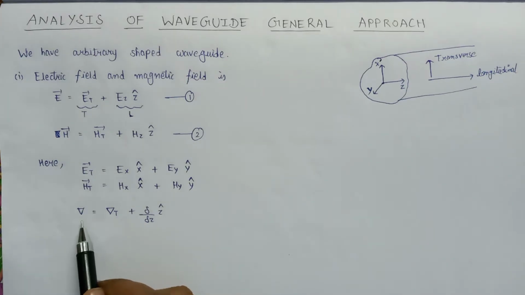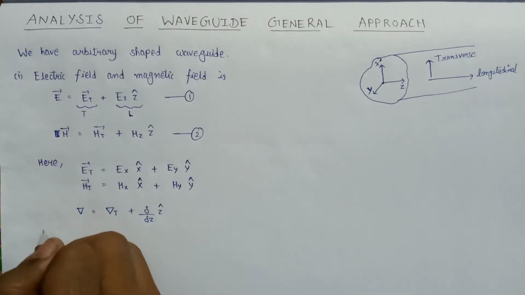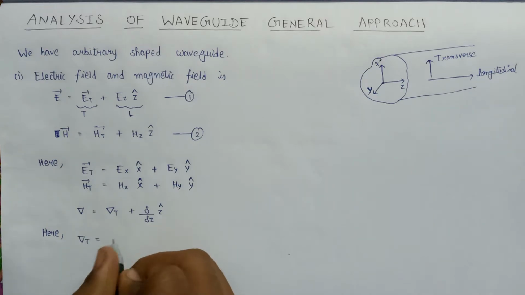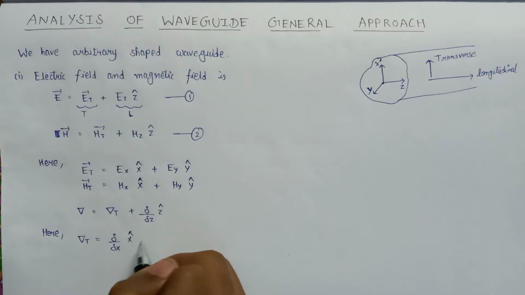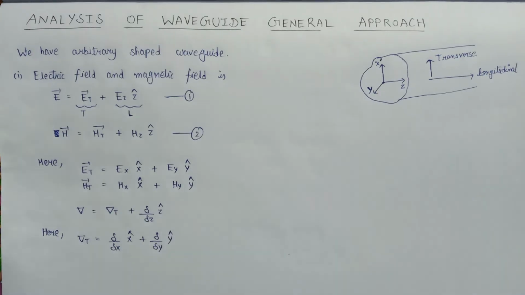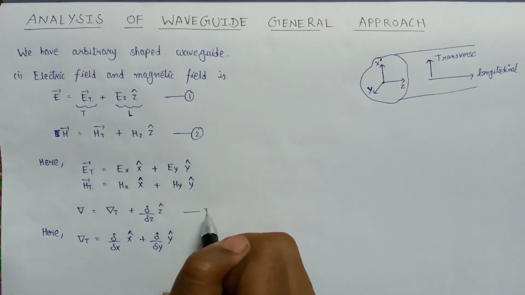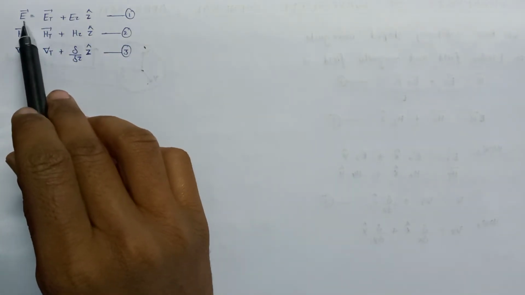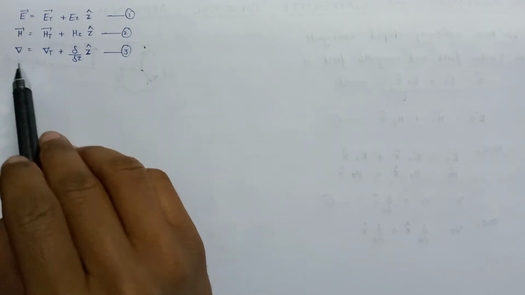So this is the representation for the del operator, and here del transverse is given as del over del x into x cap plus del over del y into y cap. This is our equation number 3. So these are our 3 equations, that is, the equations for magnetic field, electric field and del.